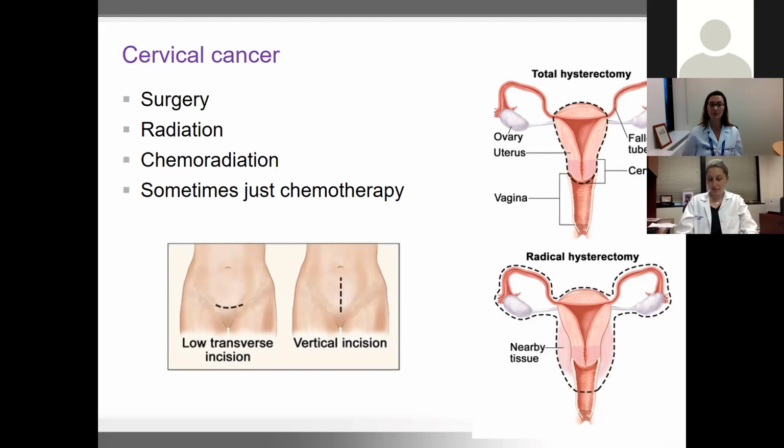So that might be what your doctor recommends. And that's usually a combination of the external radiation I mentioned and the brachytherapy with a low dose chemotherapy given alongside the radiation to help the radiation work better. Occasionally we do find that this is a cancer that's spread, and so occasionally a woman might just get chemotherapy.